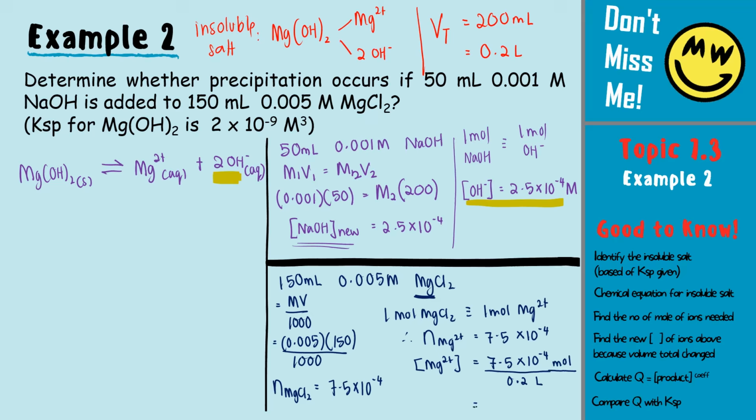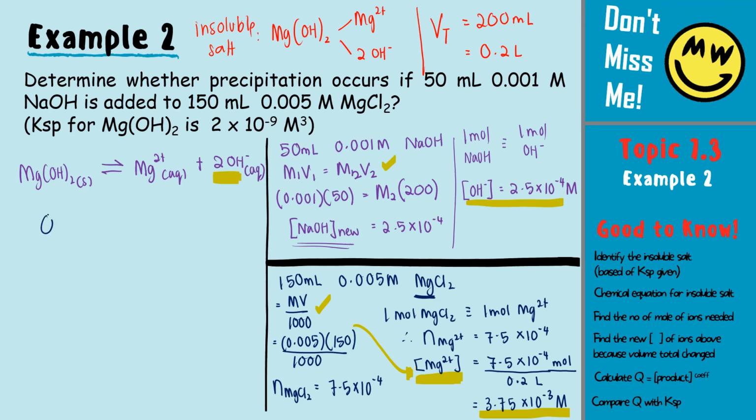And your Mg2+ calculated is 3.75 times 10 to the power of negative 3 molar. Okay? And that is the concentration of your Mg2+, using the MV over 1000 method. Both methods are acceptable. It's either M1V1, M2V2 or your MV over 1000 and then change it to concentration. Any one that come into your mind during the exam.